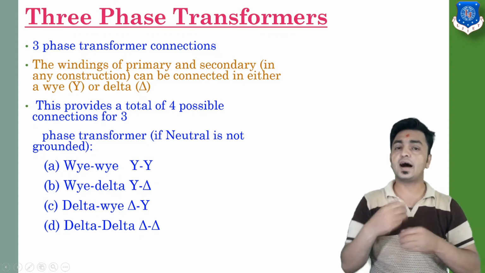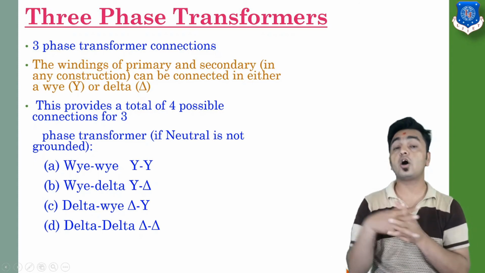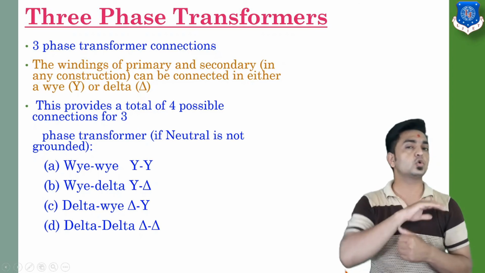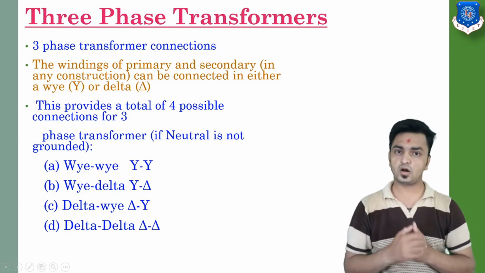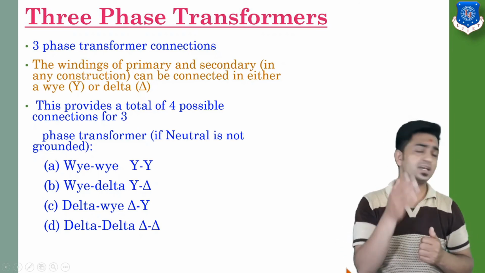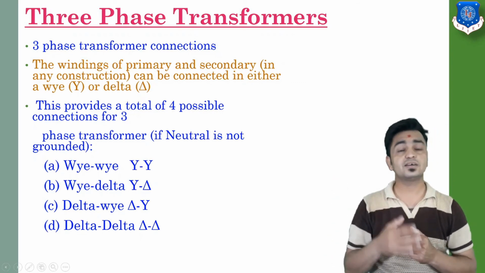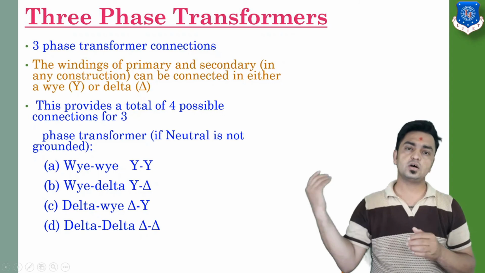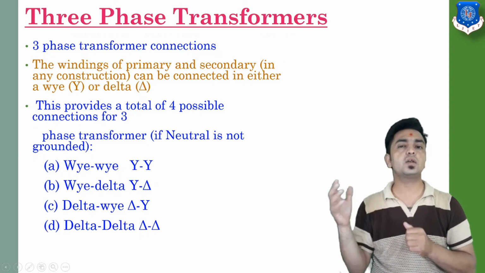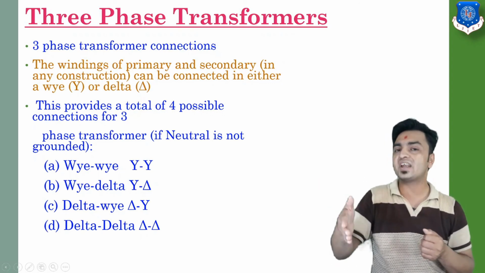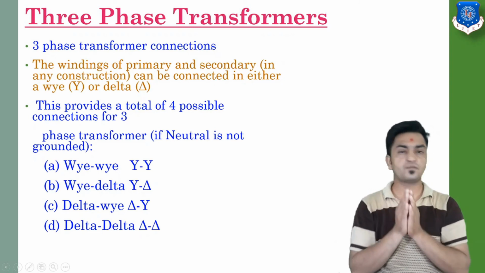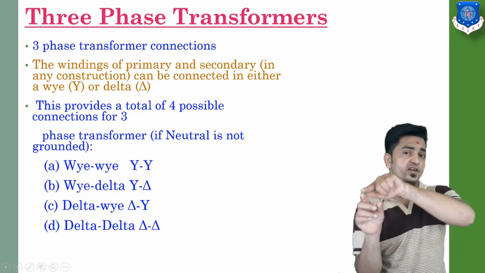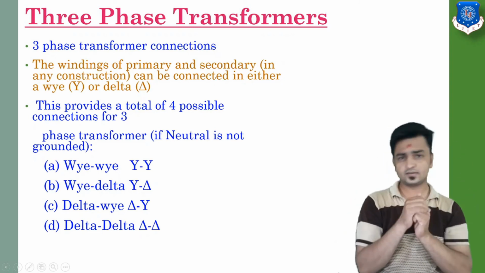Now, if we discuss how this three-phase transformer will operate, there is no difference in the working principle of a three-phase transformer. It is exactly the same as we discussed for the single-phase transformer. As we discussed for the single-phase transformer, when we provide supply to the primary winding, it will generate magnetic flux, and that magnetic flux will be linked with the secondary winding.